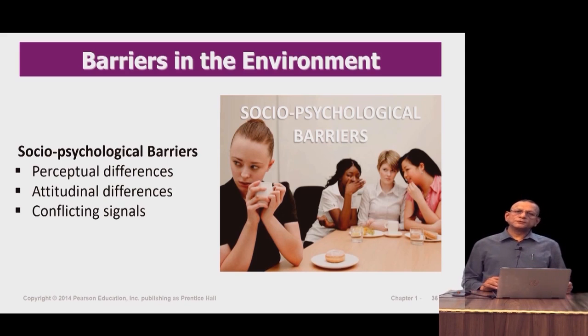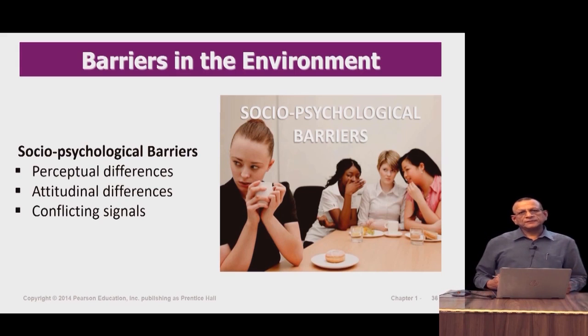Whatever is being communicated to me will be received in the way of the attitude I am carrying. The third one is conflicting signals, meaning whatever you are saying and whatever your body language is saying are two different things. So the other person will not be able to understand the real message. This is also a socio-psychological barrier.